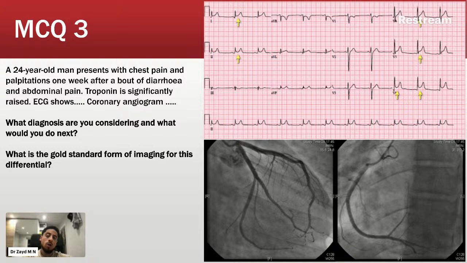If you look here, he's had ST elevation in leads 1, 2, and V4, V5, and V6. So straight away you would suspect that, despite his age, this young man is potentially having a STEMI, some sort of infarction, so straight away you'd get a coronary angiogram.